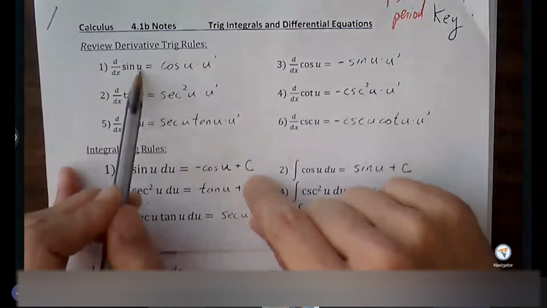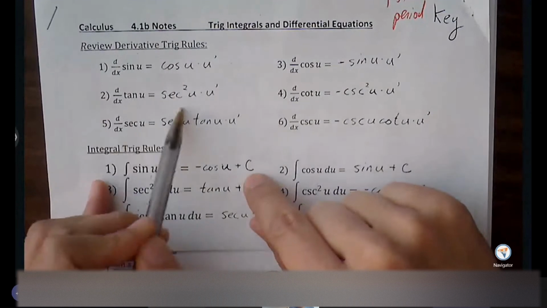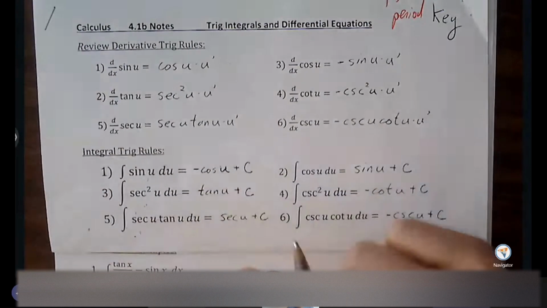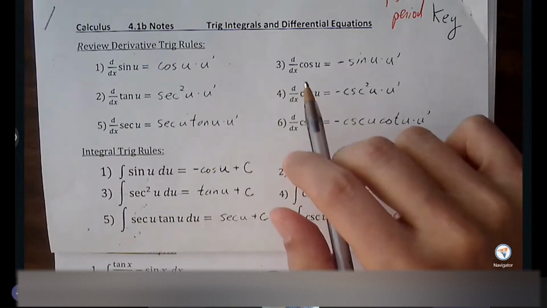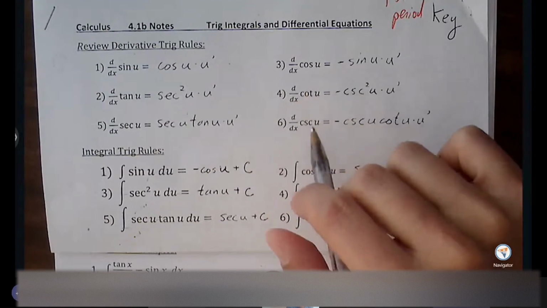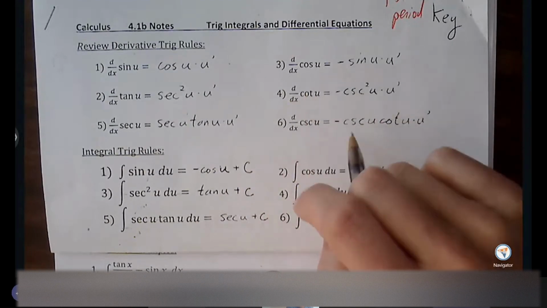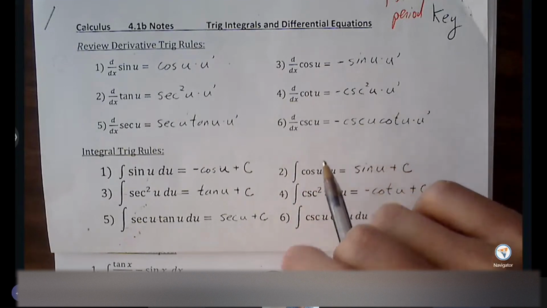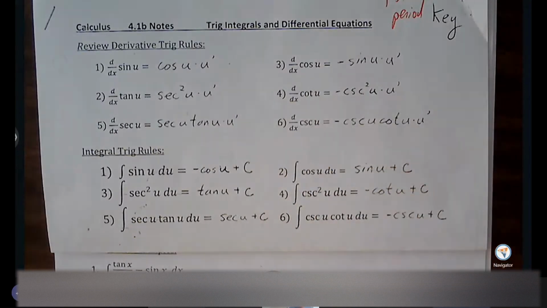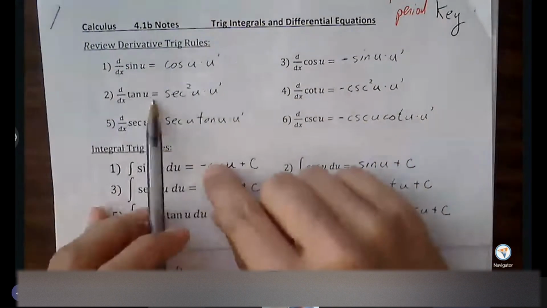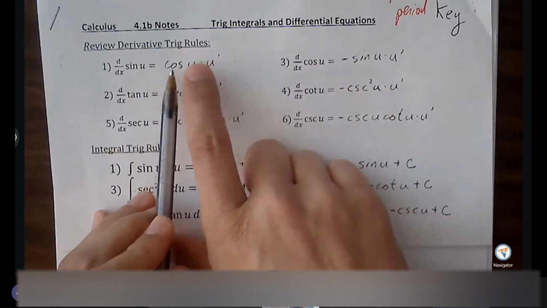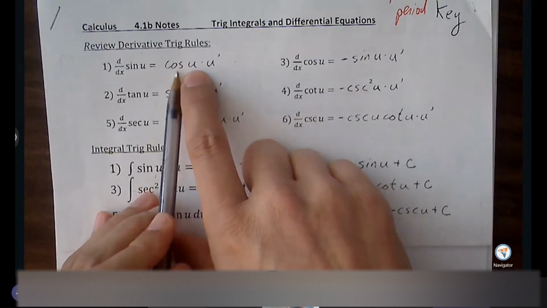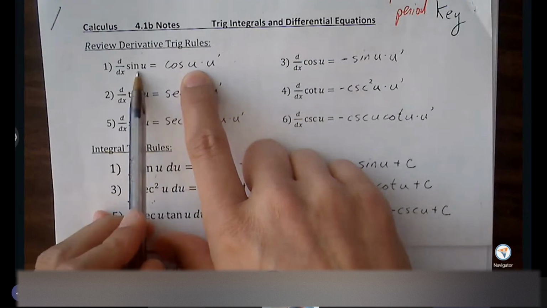So we have all these derivative rules, right? Sine becomes cosine, tangent becomes secant squared, secant becomes secant tangent. Okay? And all these trig functions that start with c, they all produce negative derivatives. Now imagine us going backwards here. If my derivative of sine is cosine, then my antiderivative of cosine should bring me back up to sine.